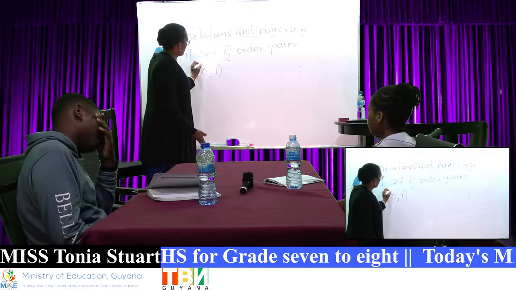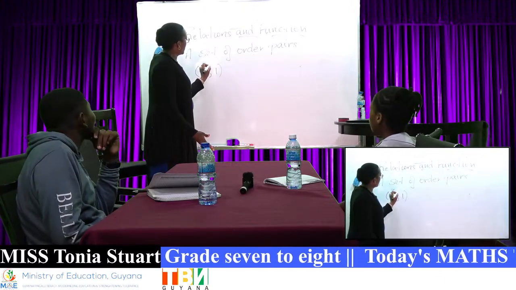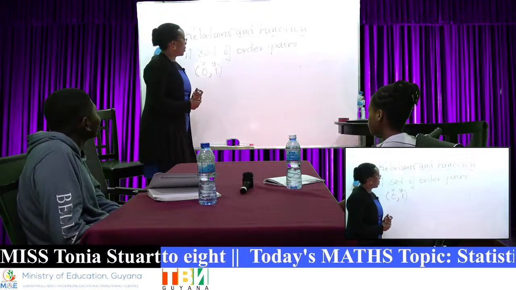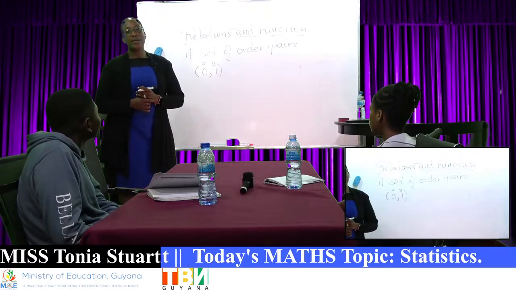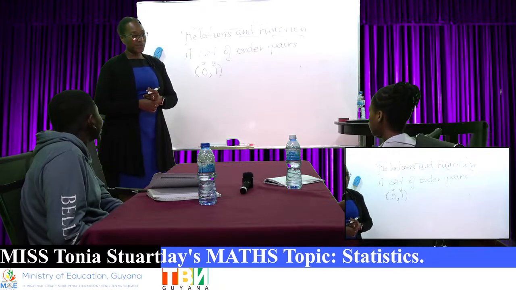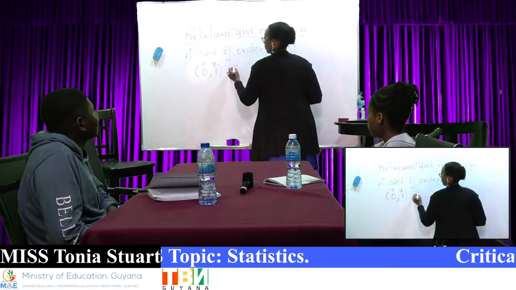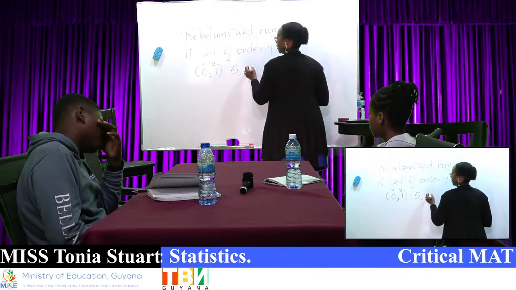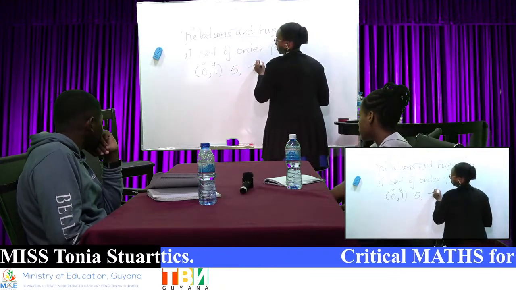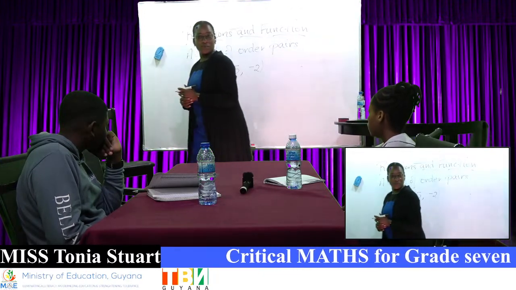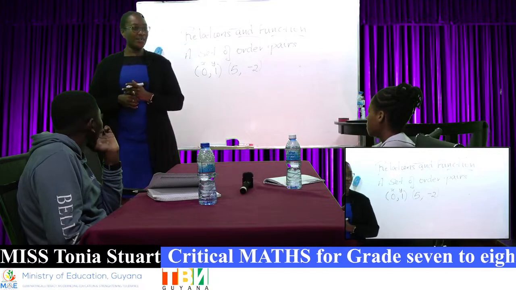The 0 would be represented by the x and the y values, or we might want to say the domain and the range. I can have another ordered pair, as in 5 and -2, and I can have several ordered pairs.